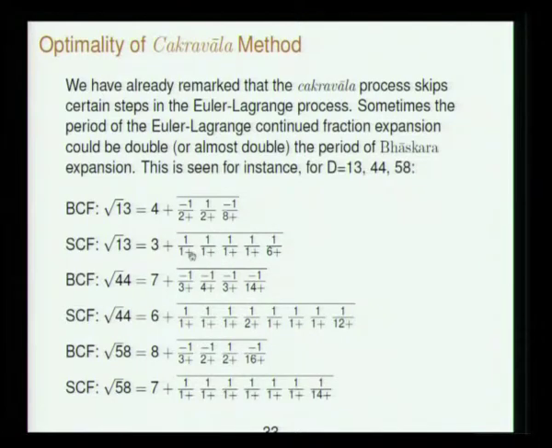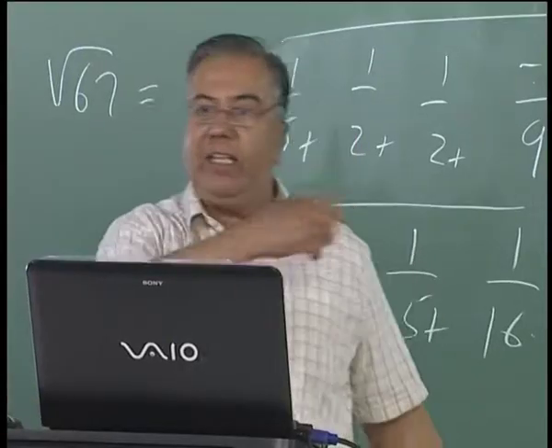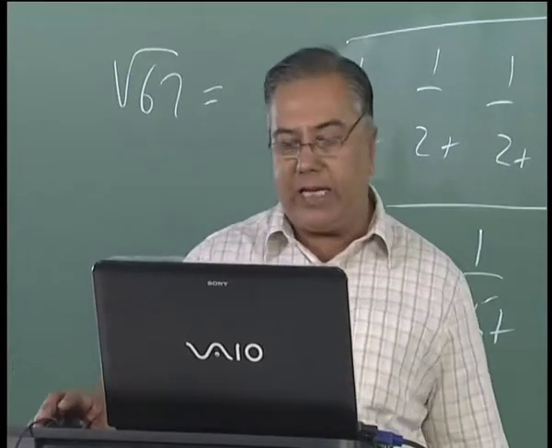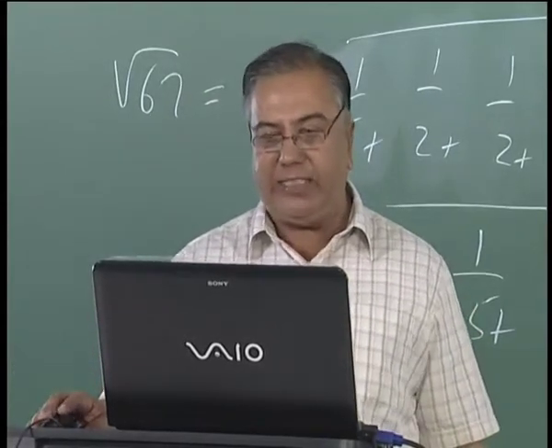Whenever such ones appear as partial quotients, the Chakravala gets rid of them. These are called uni-sequences. Here there is a uni-sequence of length 4. Here also there is a uni-sequence of length 3 followed by a uni-sequence of length 3. Here there is a uni-sequence of length 6. So whenever the partial quotients A0, A1, A2 that you are seeing become 1, Chakravala kills those steps.